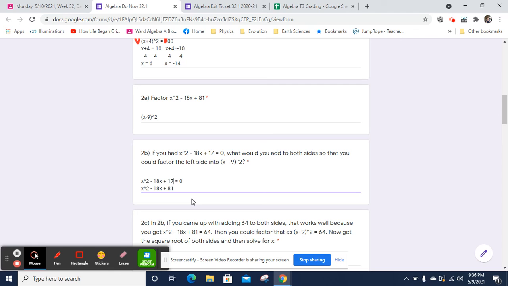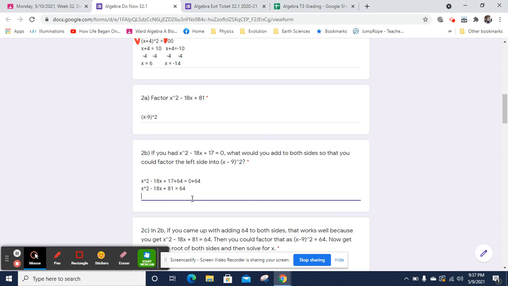The thing I would add is 64, and I have to add that to both sides. So I end up with x squared minus 18x plus 81 equals 0 plus 64, which is 64. And that factors back into x minus 9 squared equals 64.